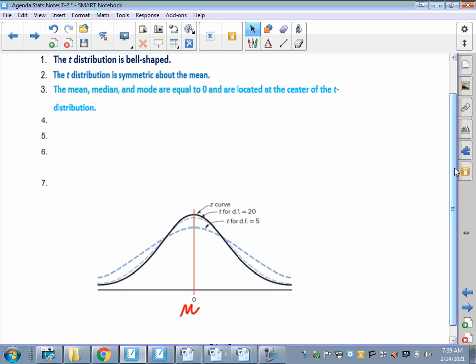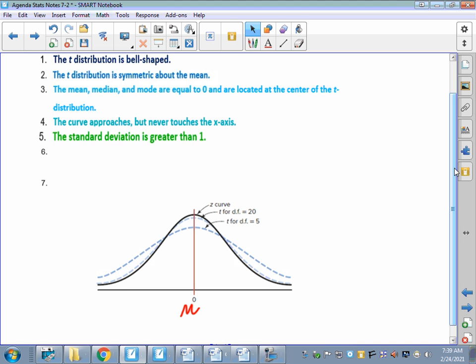So all of that is the same. The curve approaches but never touches the x-axis on the two ends, the tails. It gets closer and closer as we move out more and more standard deviations. In a perfect world, we wouldn't have outliers, but we do, and so we keep those in mind.